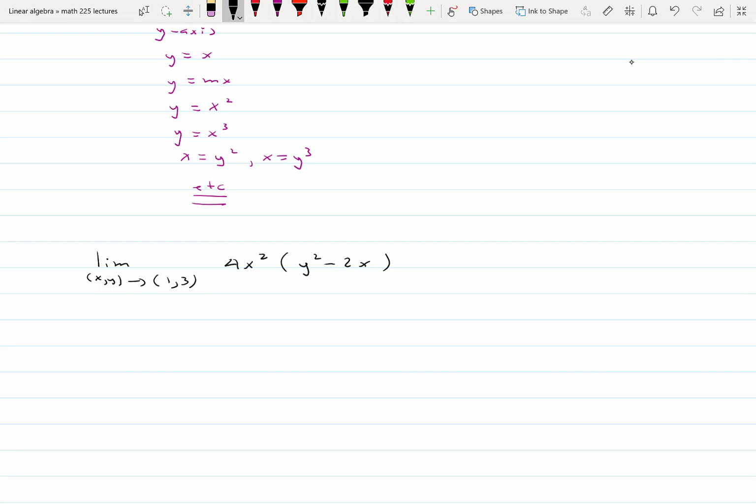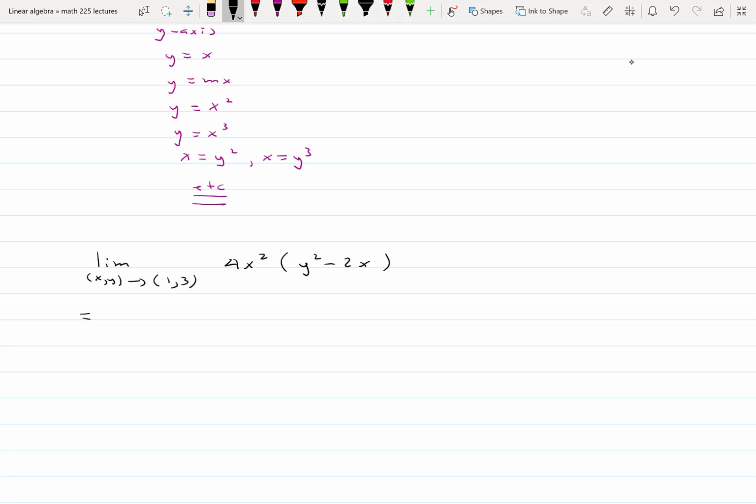As x approaches 1, 4x squared and 2x approach 4 and 2, and as y approaches 3, y squared approaches 9. The limit laws from Calc 1 still hold. The limit laws from, I think, section 2.3, but I can't remember from Calc 1. I should. I've been teaching Calc 1 forever. The limit laws from Calc 1 still hold true.